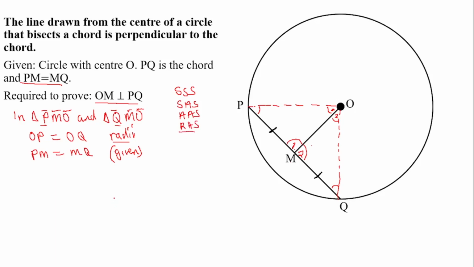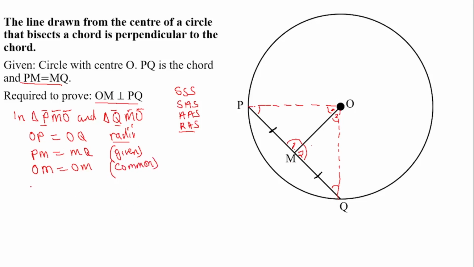Remember this. So now we have proved that the two corresponding sides are equal. And then what can you say about OM? OM also is equal to OM because it's a common side. Right, now we have proven that the three pairs of corresponding sides are equal.